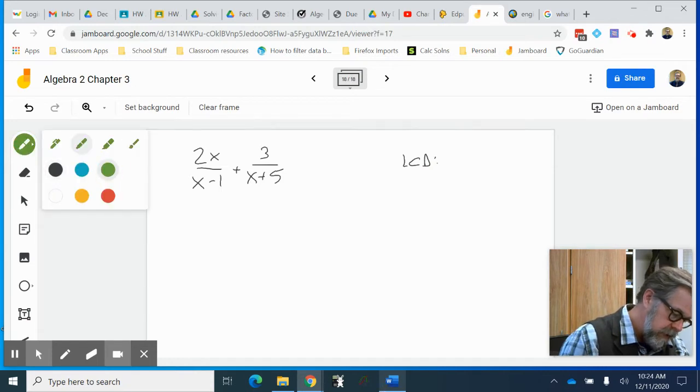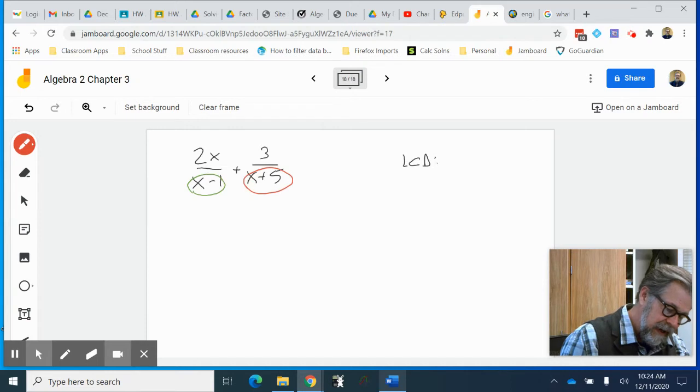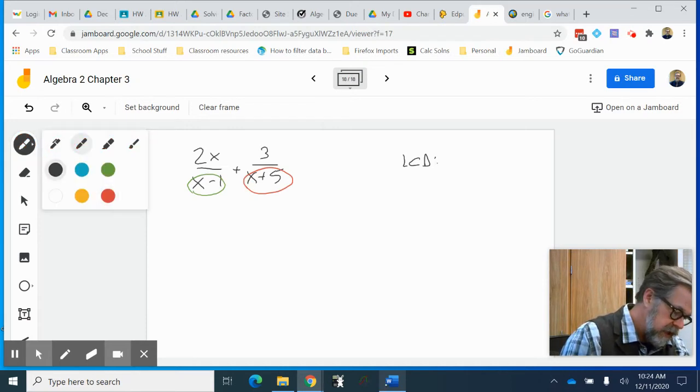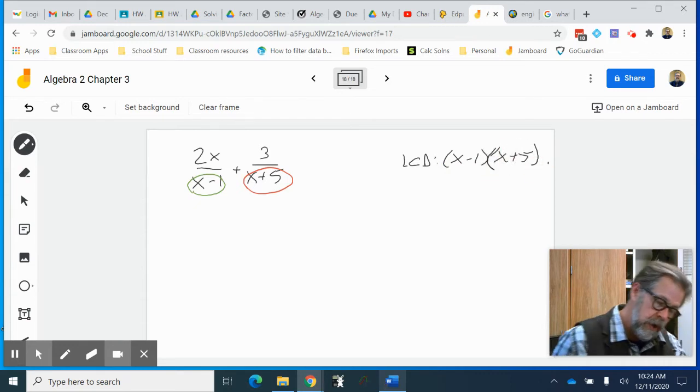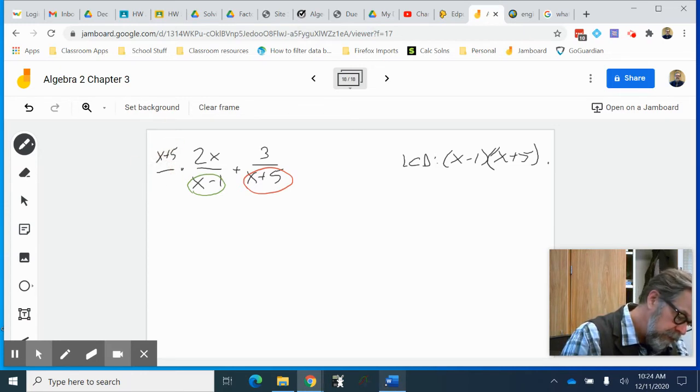And what I notice is that, well, I need an x minus 1 and I need an x plus 5. My least common denominator is going to be x minus 1 times x plus 5. I have nothing common between the two. So I'm going to multiply this one by x plus 5 over x plus 5. And I'm going to multiply this one by x minus 1 over x minus 1.